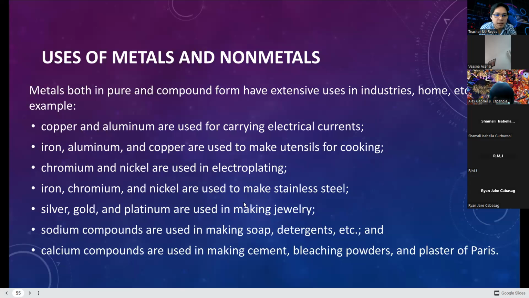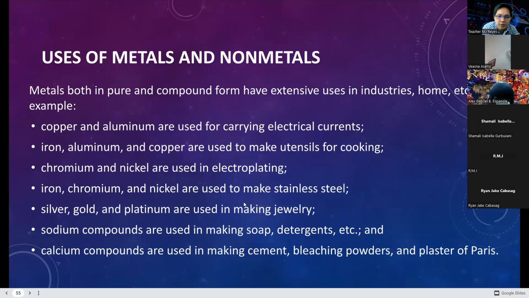Silver, gold, and platinum are used in making jewelry. Your white gold is a mixture of silver and gold, and we also have a lot of jewelry from gold. Sodium compounds are used in making soap, detergent, and so on.